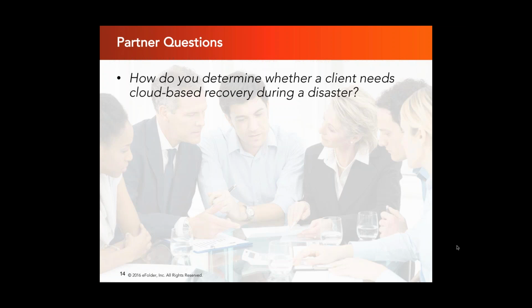Right, and it is good to centralize that kind of decision making at the MSP level, because you generally know what's best for your clients, and that's why they trust you to do what you do. So yes.